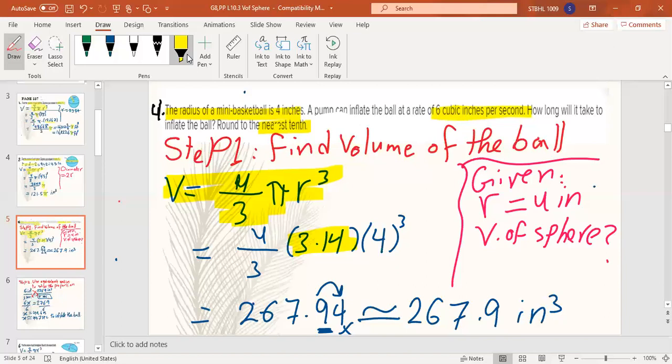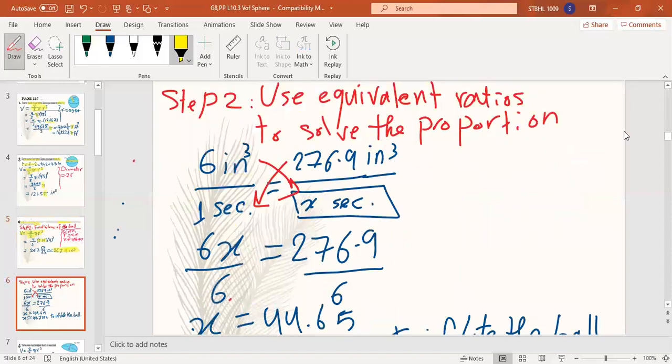If 60 cubic inches need 1 second to be inflated, so the whole volume of ball, which is 267.9 cubic inches, need how many seconds to be inflated? This is the question. So step 2, I'll go to write a proportional relationship. I'll use equivalent ratios to solve the proportion.